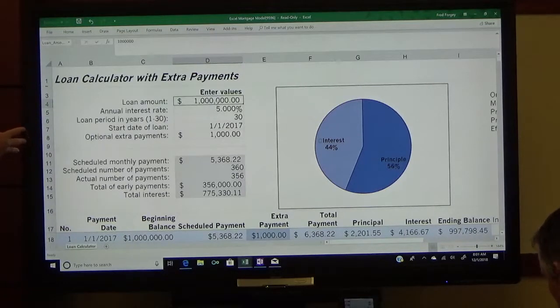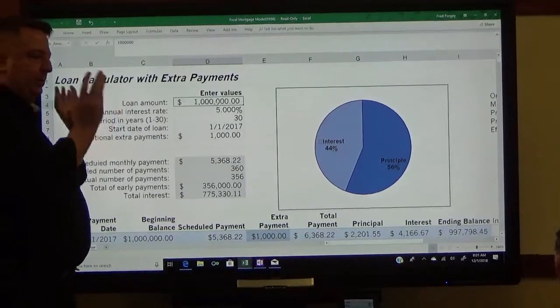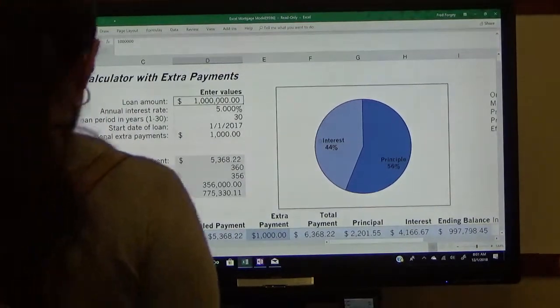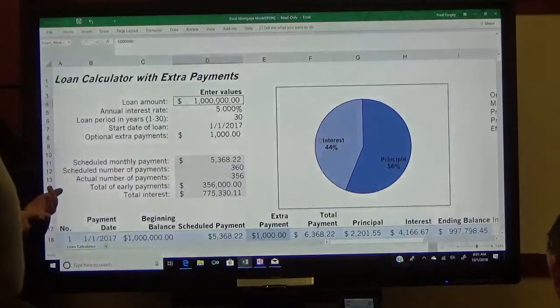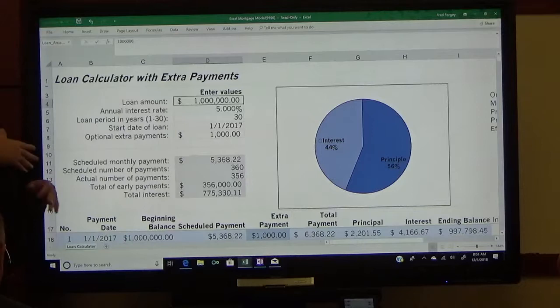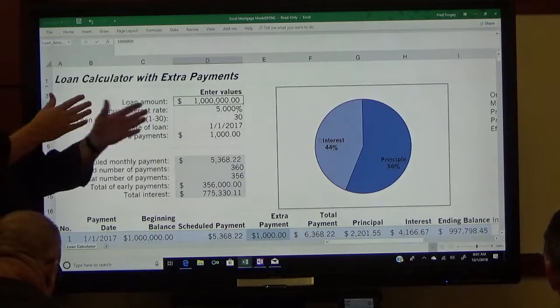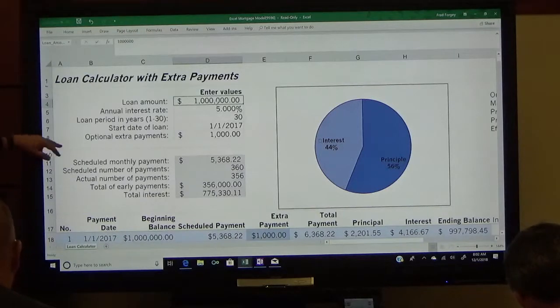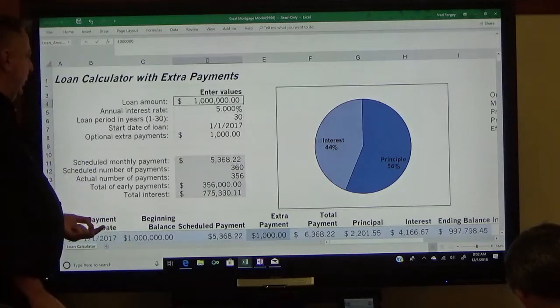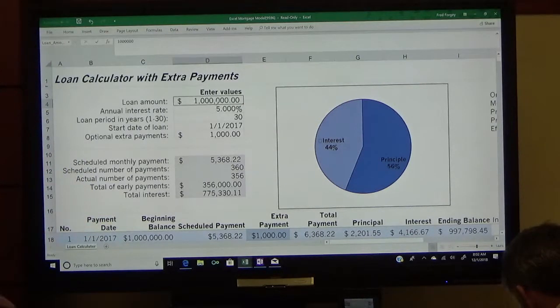So this model combines all of that into one very straightforward model so that you can take into account prepayment penalties, loan origination fees, any sort of administrative fees that you might have throughout the loan, along with one other little feature, which is adding in optional extra payments, okay, that you can do each month, and ultimately see what the impact is going to be.